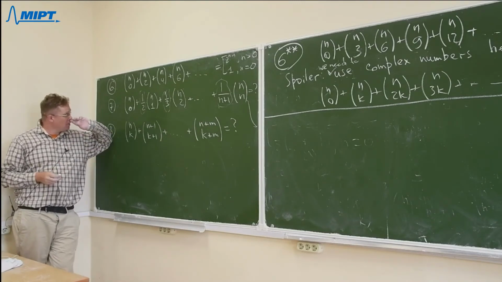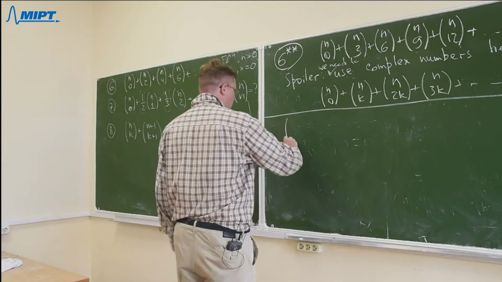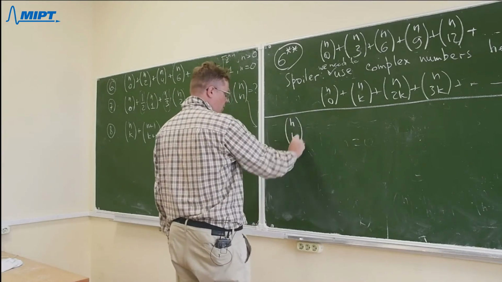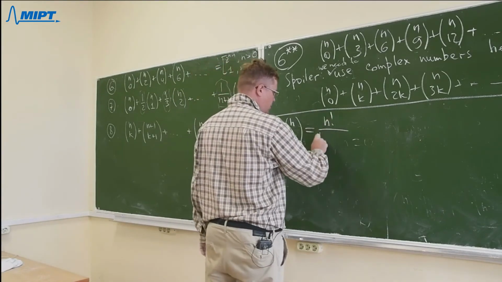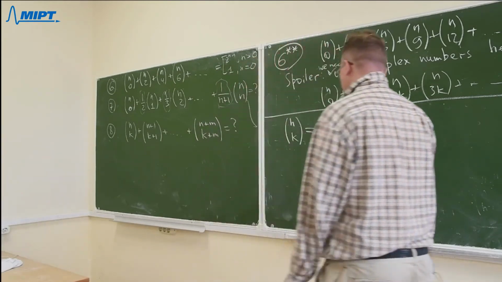But can we somehow change it? The first idea is just to look at the formula like n plus k choose k, which is n plus k factorial over n factorial times k factorial.